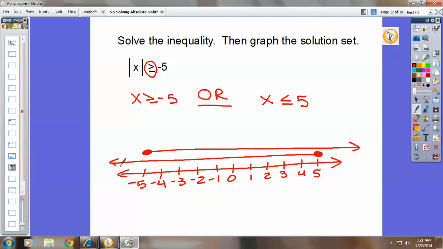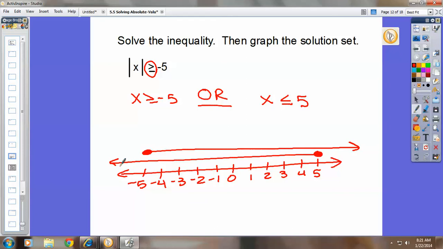Now we've got to make a mental set change here. We don't care about overlap, do we? We don't care where they share solutions. We want all the possible solutions. So if we were to take those two individual graphs and combine them as one, or put all of our solutions on one graph, what would it look like?